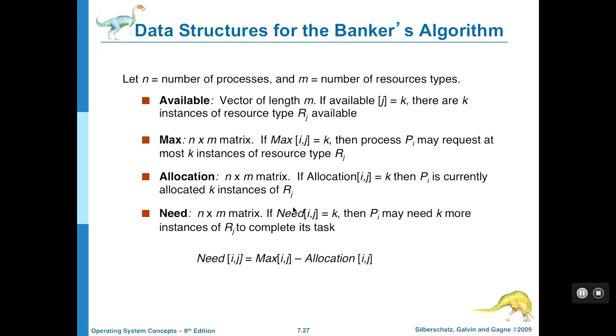Allocation is also the number of processes times the number of resources, and the need is a matrix of the number of processes times the number of resources. So if you think about max in terms of you're going to have columns for each resource type, and then maybe rows that correspond to the different processes.